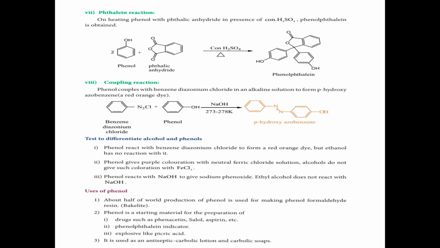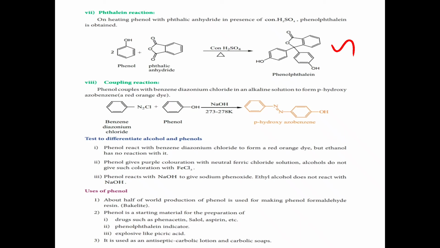Okay, the next one is phenolphthalein preparation, the phthalein fusion. We have used phenolphthalein in our laboratory. Have you heard this word? Yes, it is used as an indicator, and it is prepared from phenol plus phthalic anhydride.